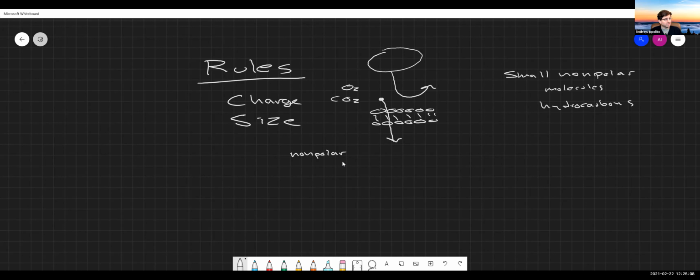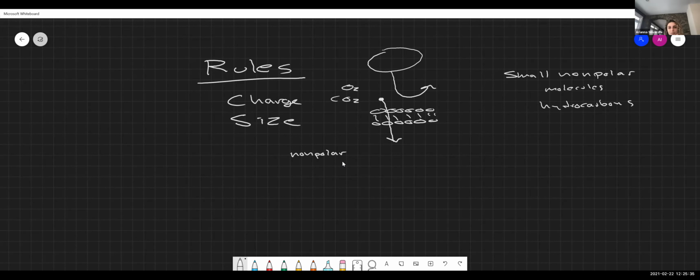Now, if it's small, the next question you ask yourself is, is it charged or not? How about polar molecules? So Ariana, you're saying no. But what's your thought process there? Don't they have to be non-polar? Right, because I said so. But instead of just following the strict rule, why can't polar things get across the membrane?